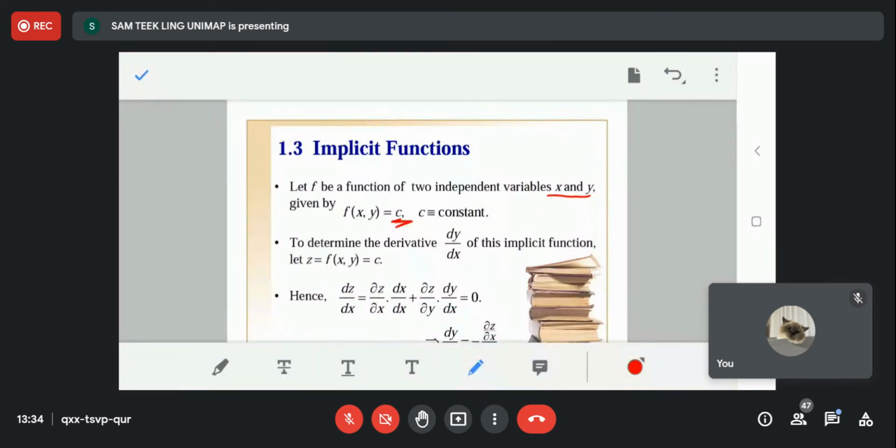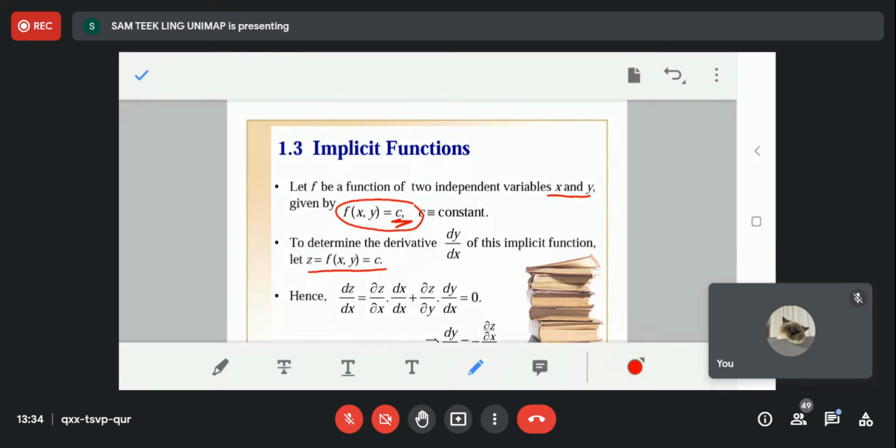So, to determine the derivative, we want to find dy/dx. For the implicit function, the first step, we let z equal f(x, y) equals c. So our z equals this one. f is a function of independent variables x and y.